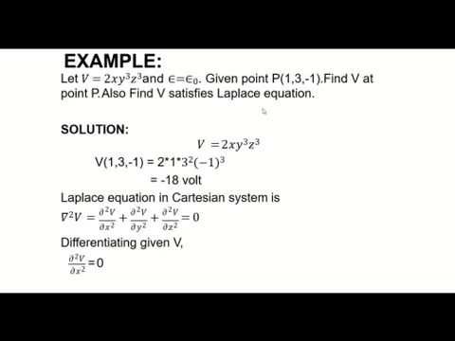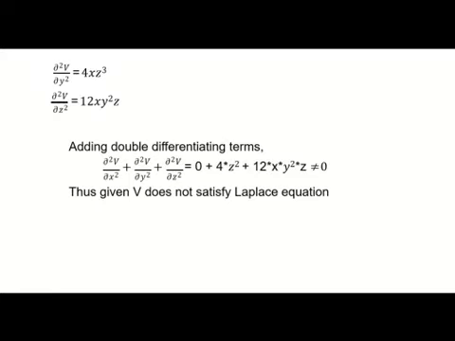Thus we have to remember Laplace and Poisson's equation. So this is about the Laplace and Poisson's equation. We have to derive these two equations also, and we have to remember them, and also we have to practice this kind of numericals. So thank you for today.